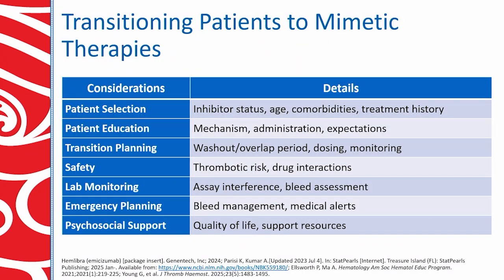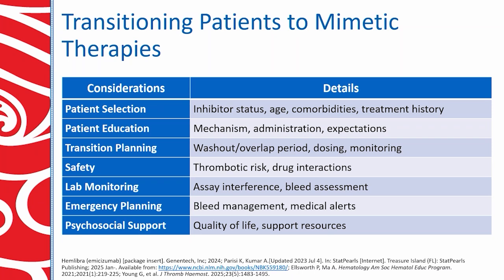And in more detail, let's look at some of the considerations when we transition patients from a previous therapy to mimetic therapies. So the patient selection includes information on inhibitor status, and as the population of people with hemophilia ages, so age, but also it's important to understand comorbidities.